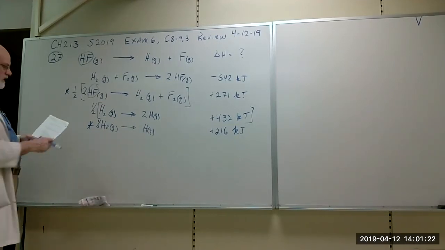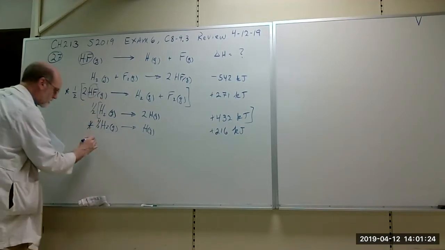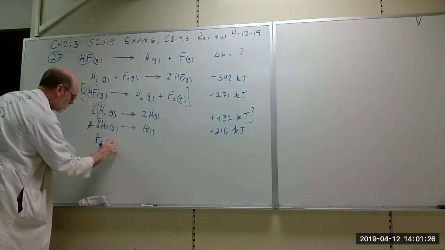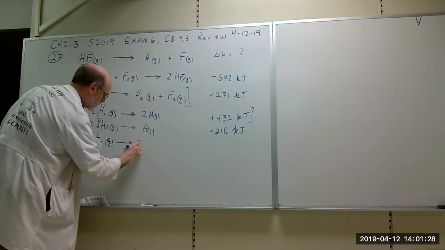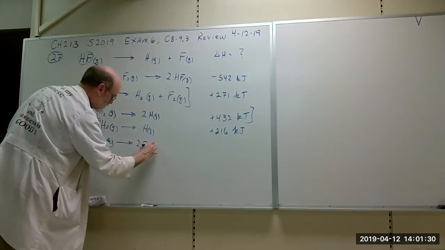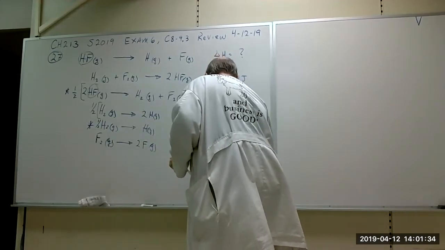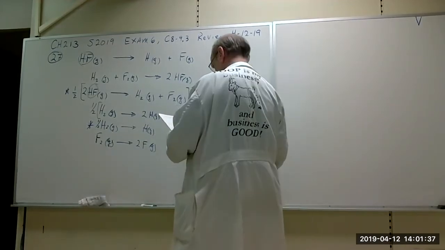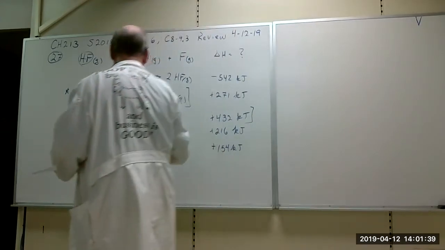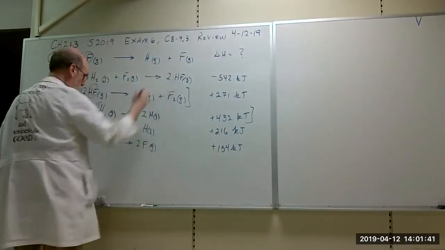And then the last one is F2 gas yields 2F gas, and that's 154 kilojoules. Yeah, they're all kilojoules. So we need half of this one to give us just one of those.